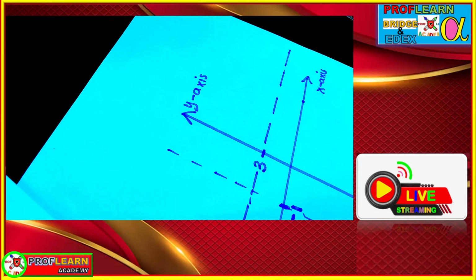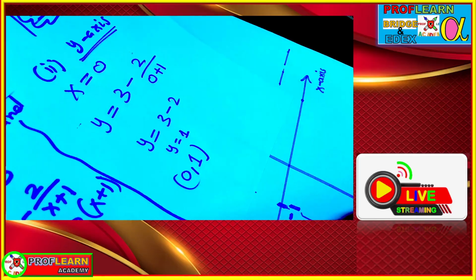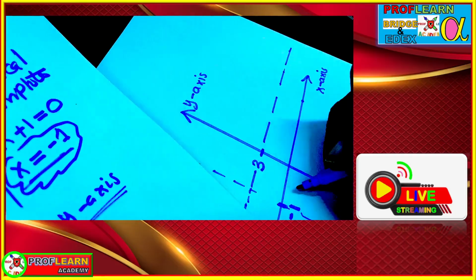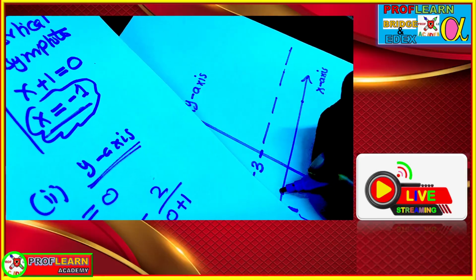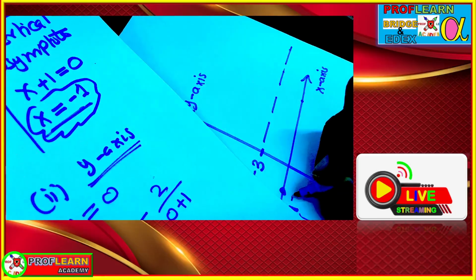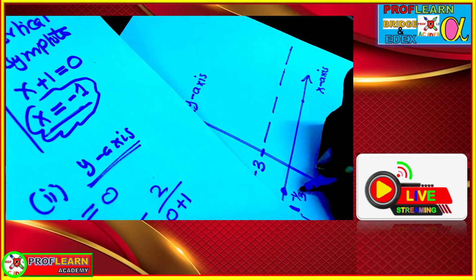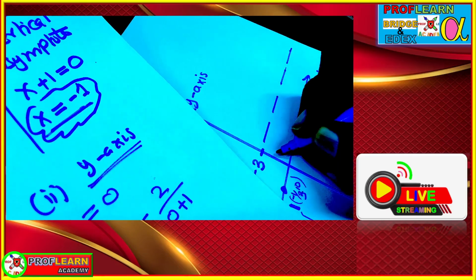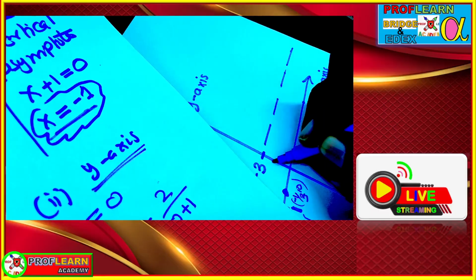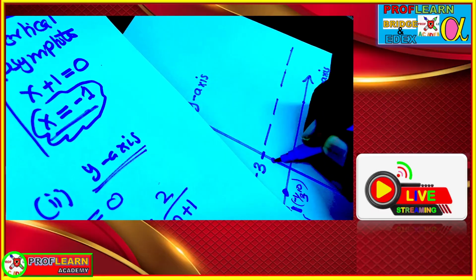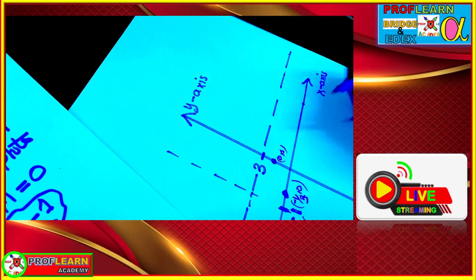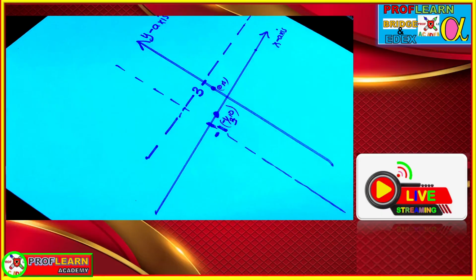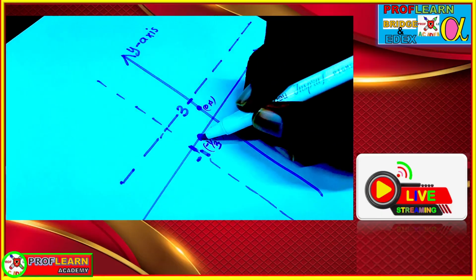Also, we had identified that the x-intercept is (-1/3, 0), so that is where this is going to cut the x-axis, and it's going to cut the y-axis at (0, 1), somewhere here. So this graph is going to go like that.